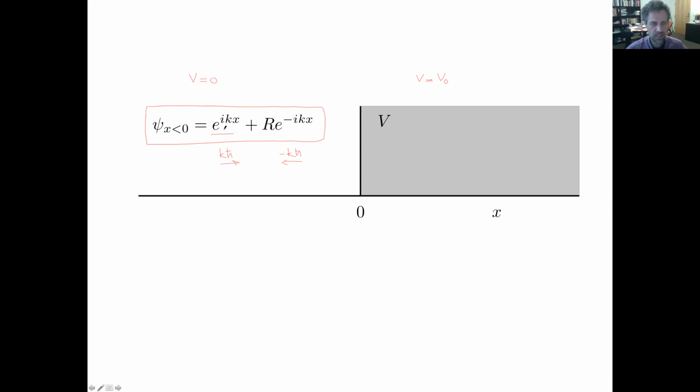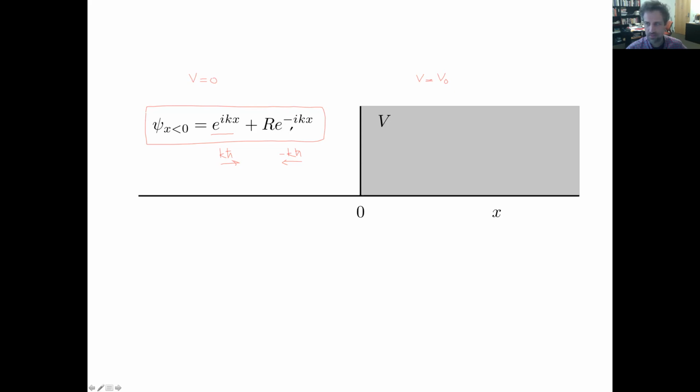So basically the first part describes the particle moving to the right, and the second part describes the particle moving to the left. That's why I call this reflection, because if the particle is initially moving to the right, it hits this wall and it bounces back, that is going to be described by the second part of this wave function. So that's why I'm calling it like that.